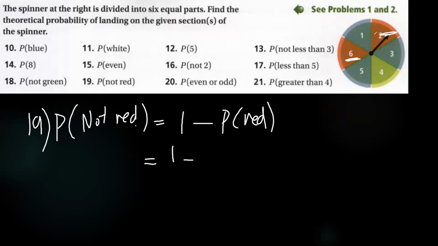We have 2 reds, over how many parts? 6 parts. So the probability of red is 2/6. Then we say that it is 6/6 minus 2/6, which is 4/6. The probability of not red.